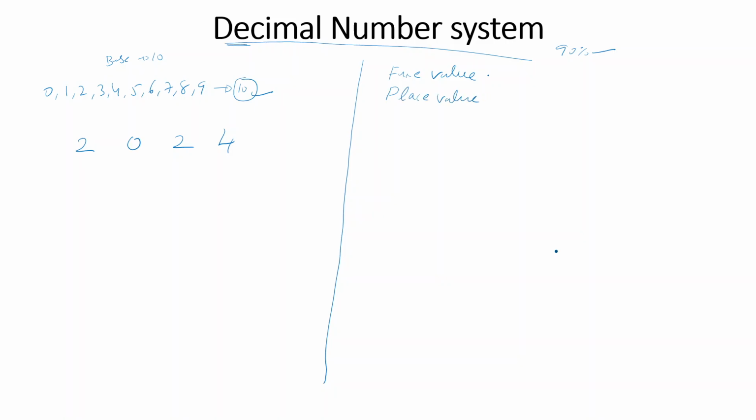Face value is simply the mathematical value of the number itself. Place value depends upon the position, that is, how many places from the right side the digit is. So place value is equal to positional value times face value.